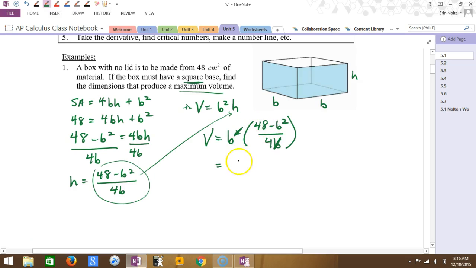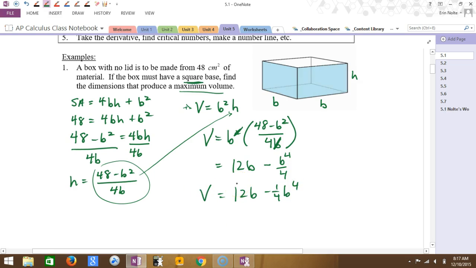So 48 divided by 4 is 12, so we get 12b on the first term. And then on the second term, I'm going to multiply by b, so I have minus b cubed over 4. So really you could just call that 1/4 b to the 4th, which will be easier to derive.